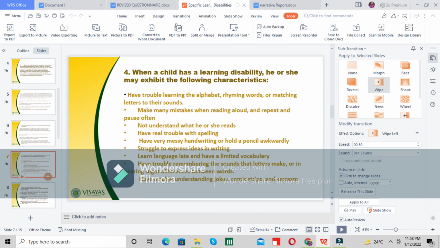Yes. Then, have trouble remembering the sounds that letters make or hearing slight differences between words. So there are some students having trouble remembering the sounds that letters make. Then, have trouble understanding jokes, comic strips, and sarcasm.